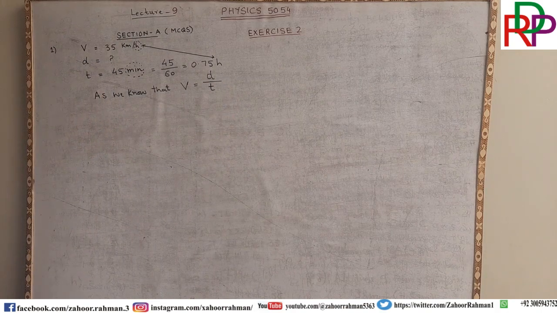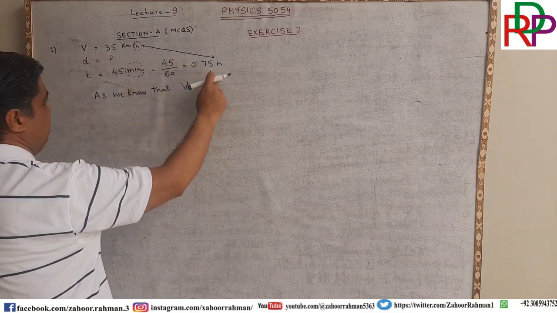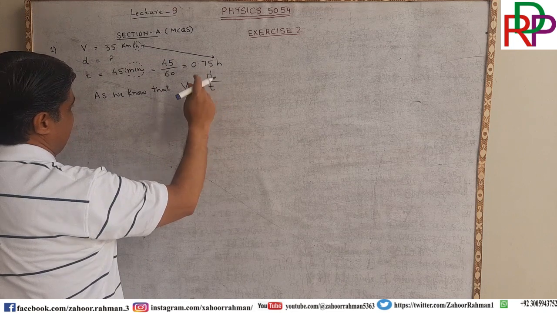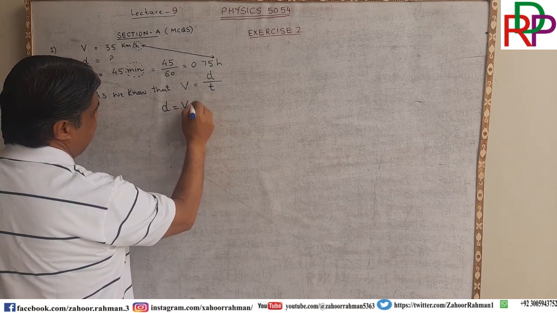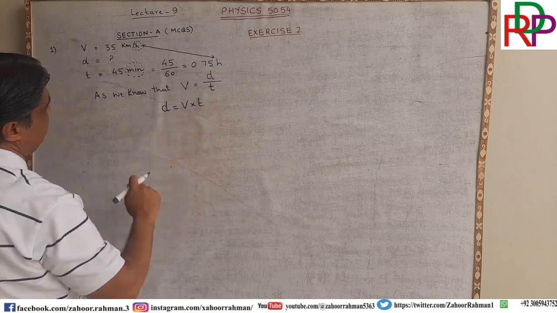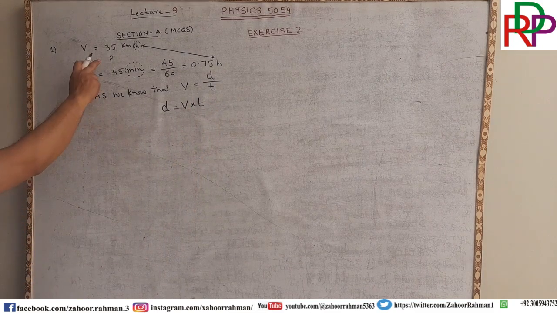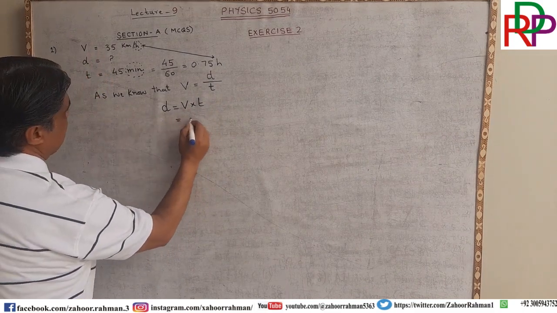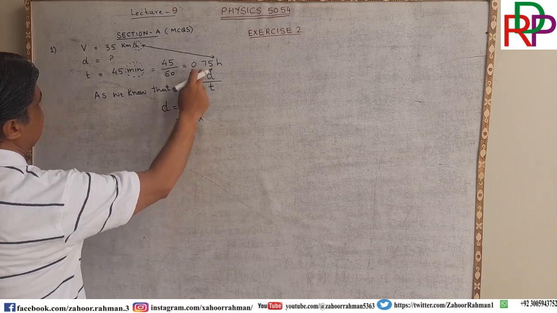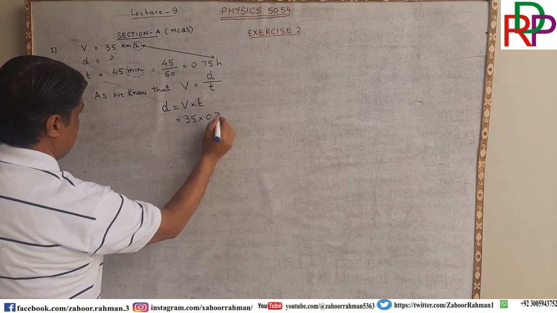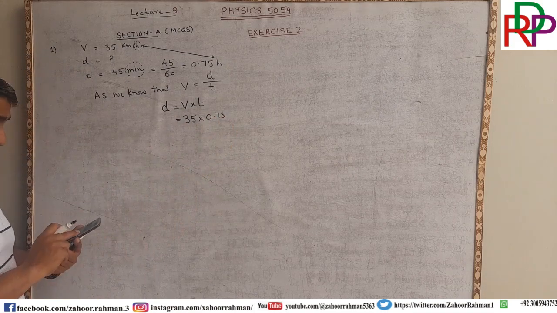We have to find the distance here. So we have to make d the subject, and then we can write v multiplied by t. We have both the values, that is v is equal to 35 and t is equal to 0.75.